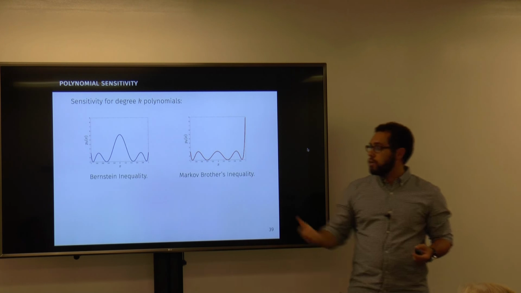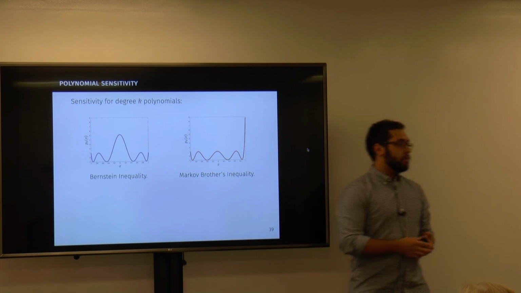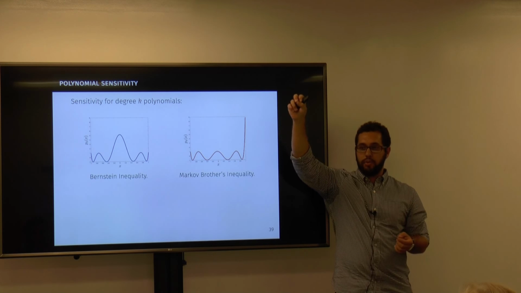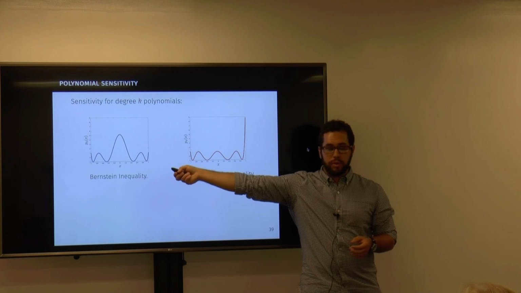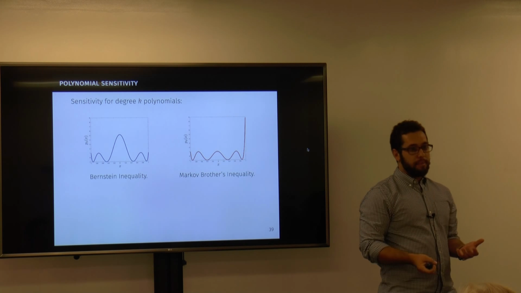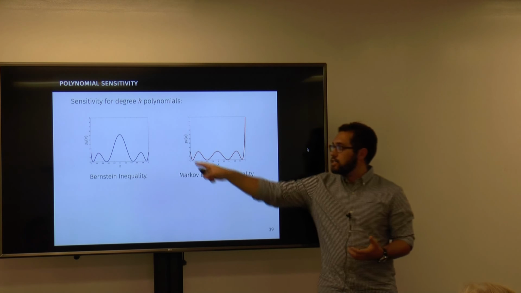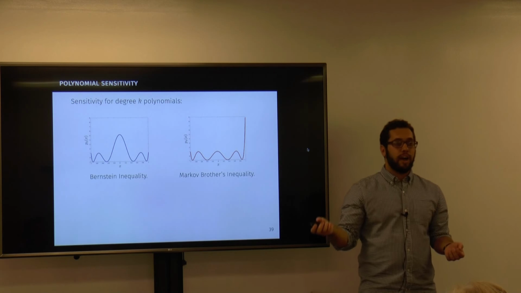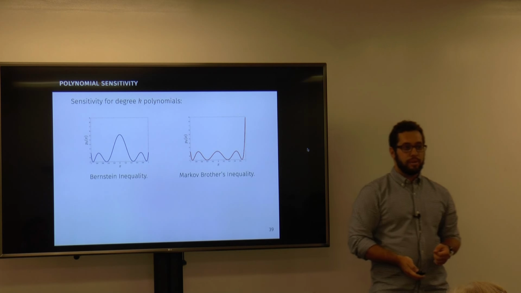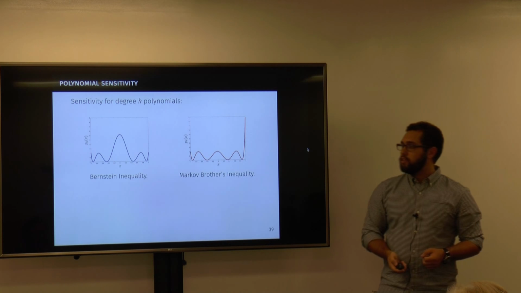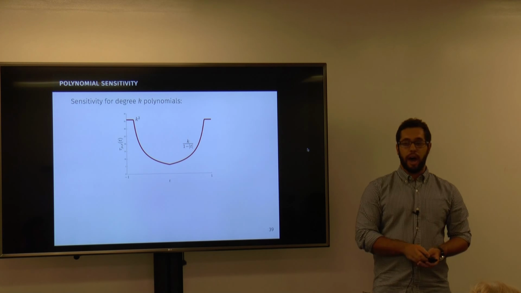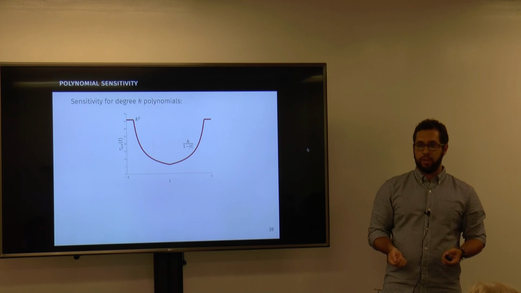And then there's something stronger known as Bernstein's inequality, which says that, instead, I don't want to make my polynomial jump at the edge of the interval. I want it to jump in the center of the interval. Then you can't even make it jump that much. You can prove that the maximum value of the polynomial is almost k times its average value. So this means that for polynomials, you get a really simple bound on the sensitivity function.